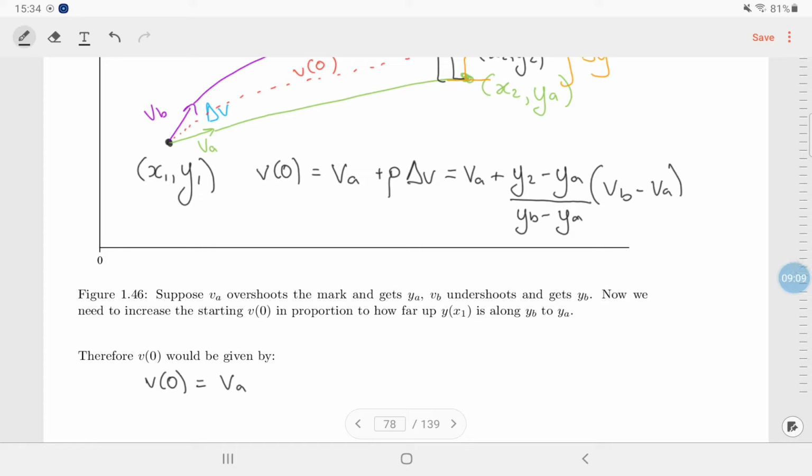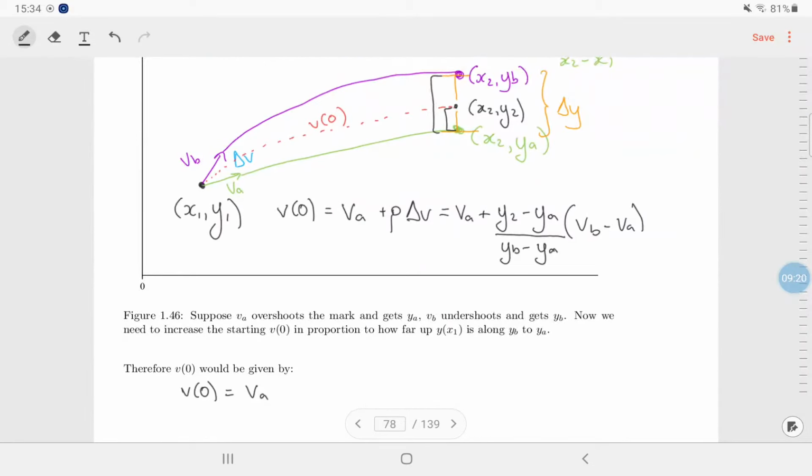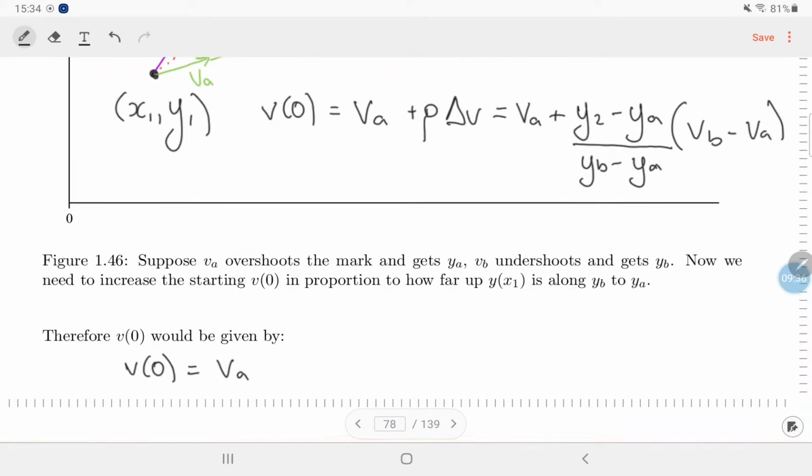Interestingly, if vA hits it exactly, then the proportion will be 0 and you just have vA. If vB hits it exactly, then this thing will be equal to 1 and you'll have vA plus vB minus vA, which gives you vB. So it is the correct thing.